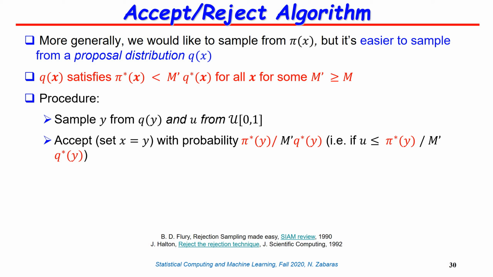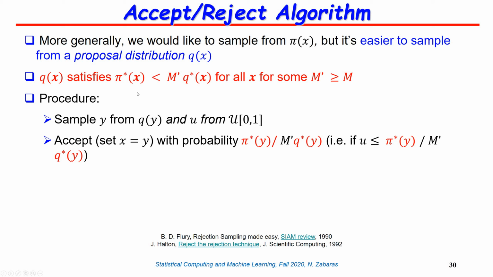Then I am going to accept this sample y, and set my sample x for the distribution pi of x equal to y, but I will accept it only with probability pi star of y divided by M prime q star of y, where M prime is the constant that we defined in the inequality that I introduced in the previous slide.